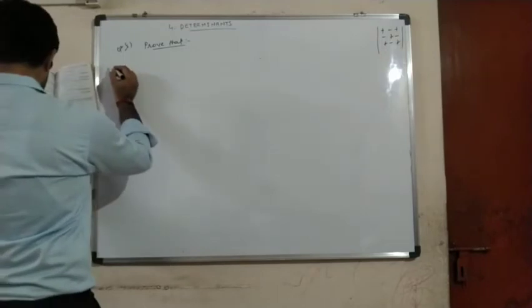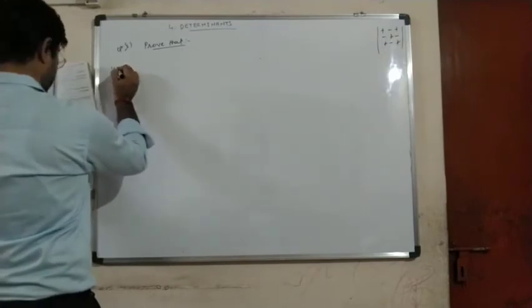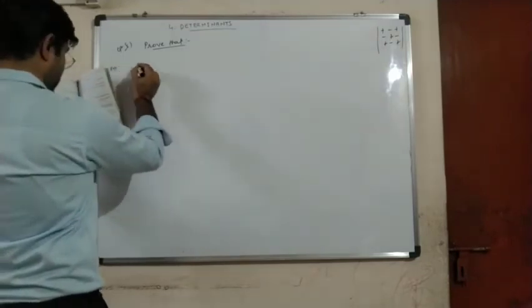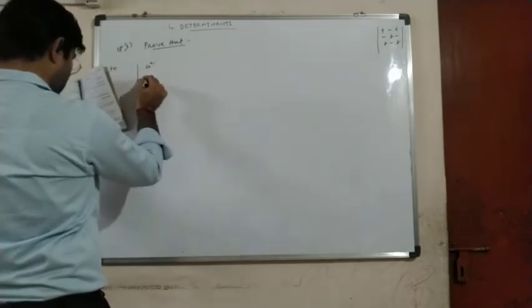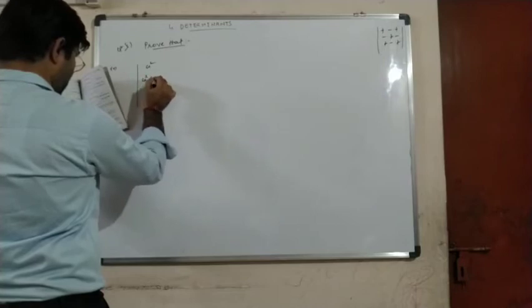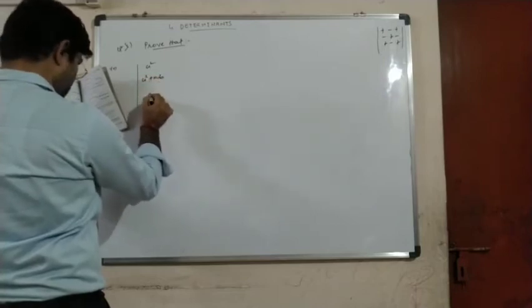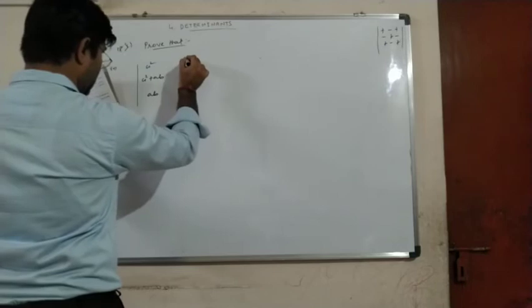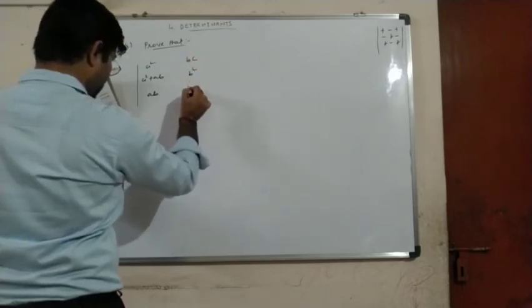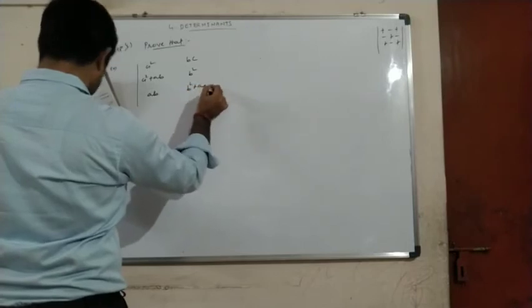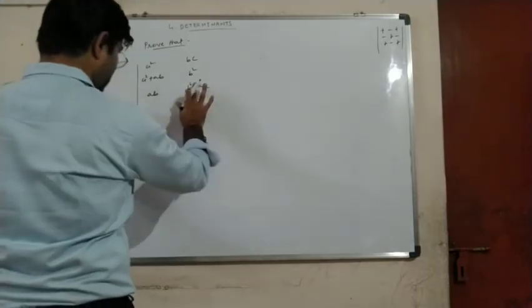Okay, now third one we have solved. Now we will solve the fourth one. Okay, we are given a square plus AB, BC, B square and B square plus BC.